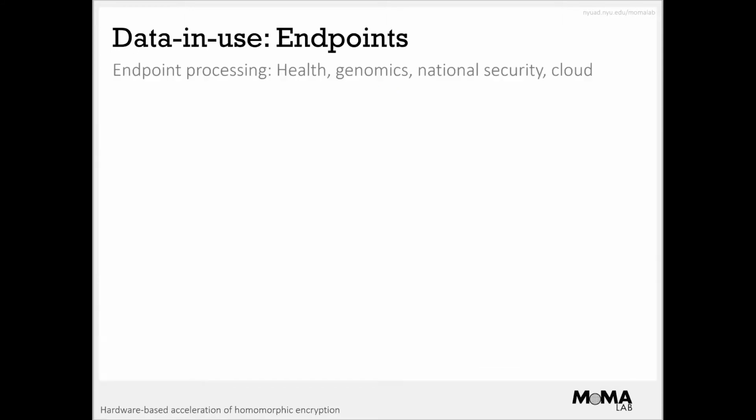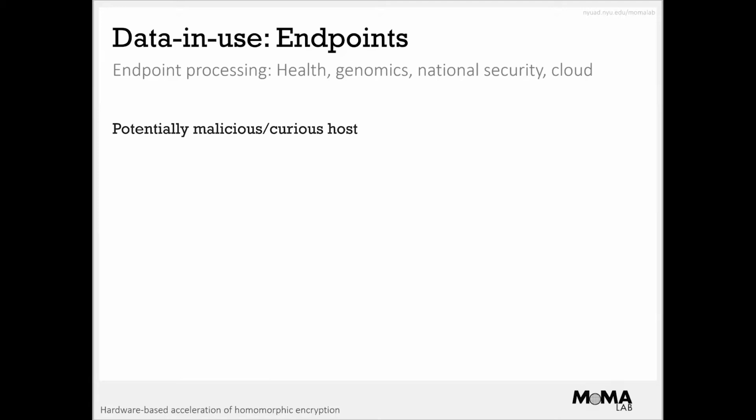And data is used in what we call the endpoint, right? When the data is moved around the internet, it goes somewhere to be processed, and we call that the endpoint. And the endpoint may be in the cloud. So you send your data to a cloud service. The service may be curious. They may want to look in your data in order to sell you a service, right? To gain something financially.